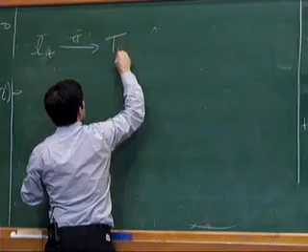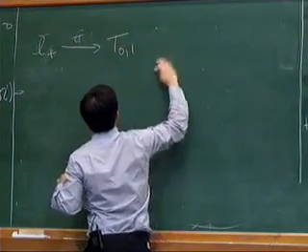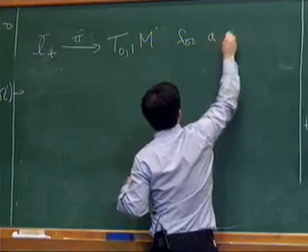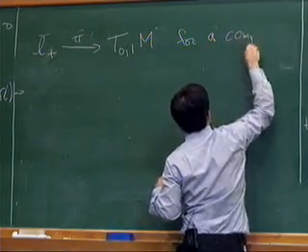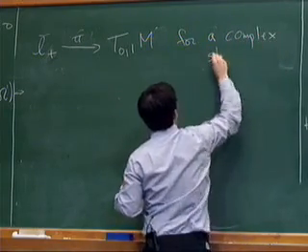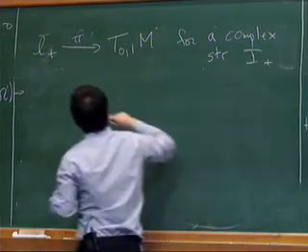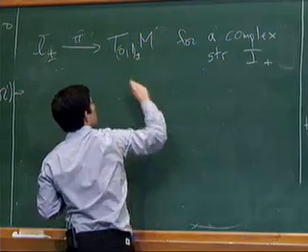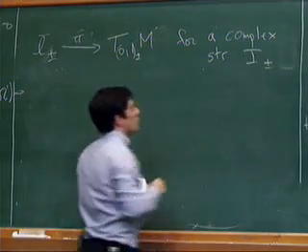So this gives me T^{0,1}M for a usual complex structure, I plus, and if I use L minus, then I'll get another complex structure, I minus.